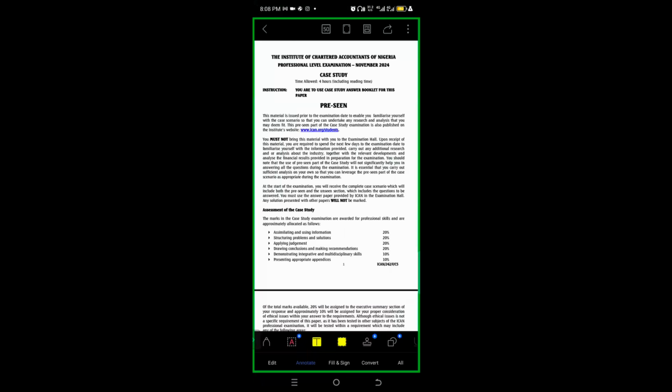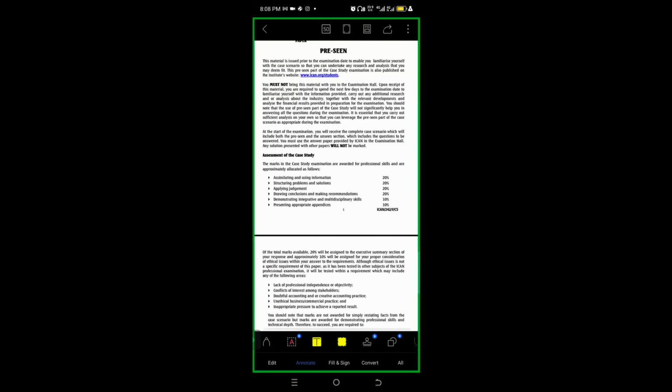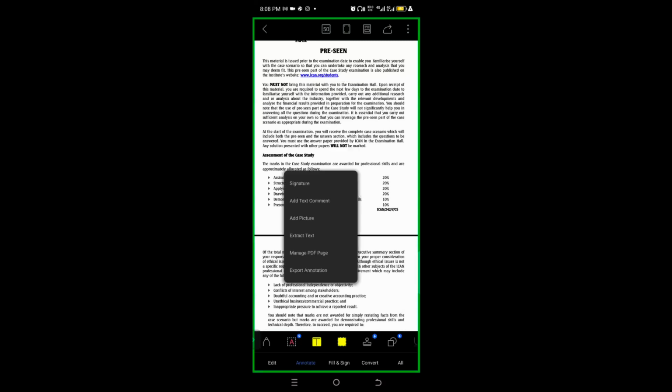Yes. So what we need to know is that we need to understand the purpose for the pre-seen material. Okay. So I will quickly read this so that we can be on the same page. Let me read.